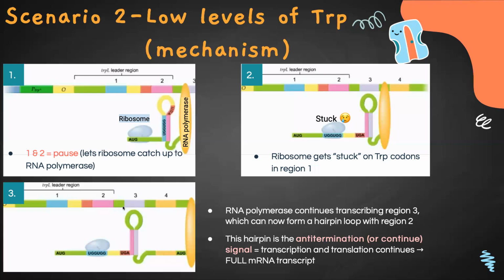Eventually the ribosome will become unpaused because tryptophan will make its way to it, and then it'll keep going, knock this down, and continue on normally. Is this just for the low levels? Yes, this is only in the case of low levels where attenuation will not occur.